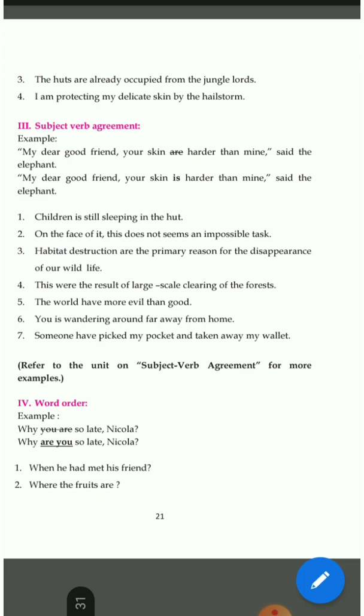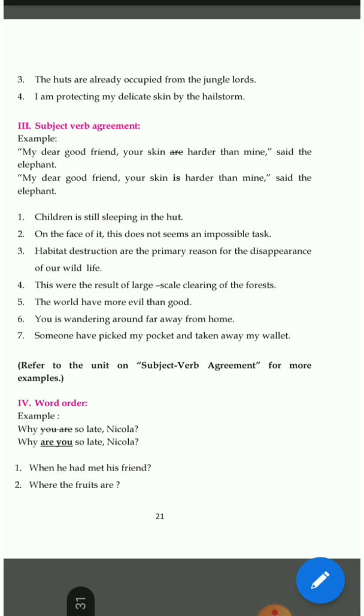This does not seem an impossible task. Third one, habitat destruction are the primary reason for the disappearance of our wildlife. Again, habitat destruction, right? So it has to be is, not are. Habitat destruction is the primary reason for the disappearance of our wildlife.